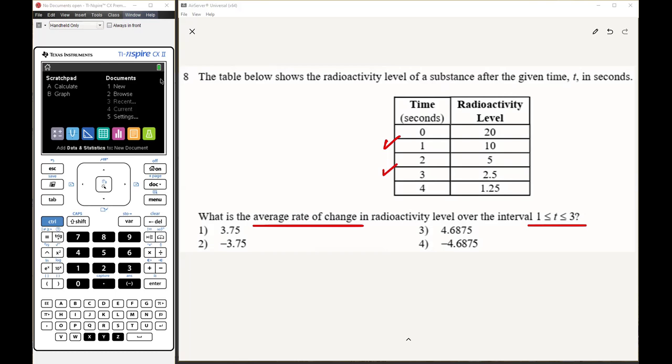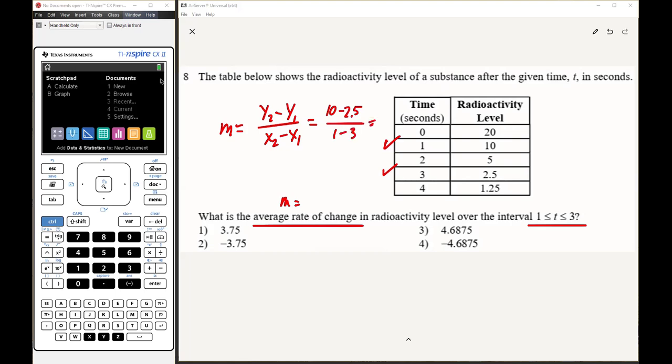So I'm going to use the slope formula because average rate of change is nothing more than the slope, right? So it's going to be y2 minus y1 over x2 minus x1. So I'm going to say 10, the y's, minus 250 divided by 1 minus 3.